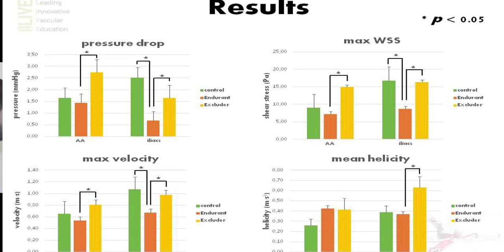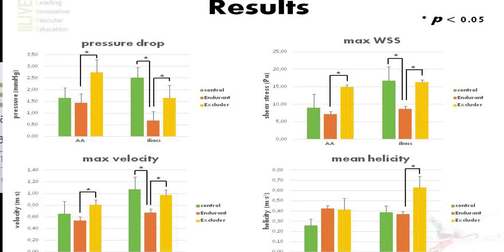Specifically, we have increased pressure drop both in the abdominal aorta and iliacs for Excluder compared to Endurance. We have lower shear stress for Endurance in both control regions, and we have higher max velocity again in both regions for Excluder this time. And mean helicity was higher for Excluder versus Endurance at the iliac control region.